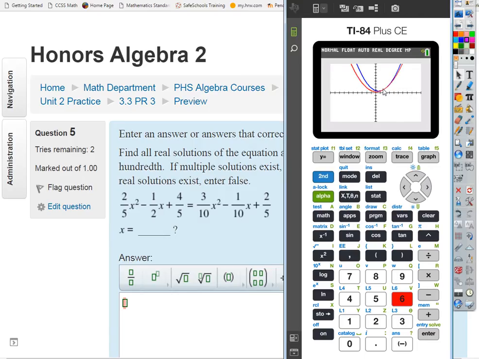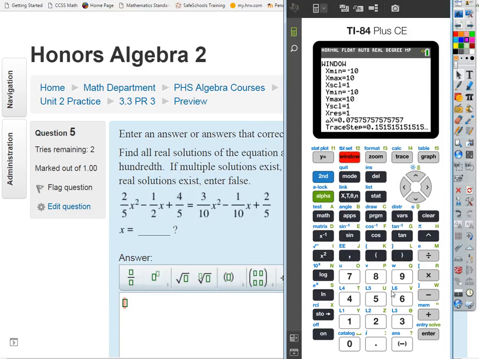So let's let the window go from 0.5 to 3.5, and we'll go zoom 0 so it fits the window to that. There's the blue function stretched out on that short interval, and there's the red function, and it's still really tough to tell.